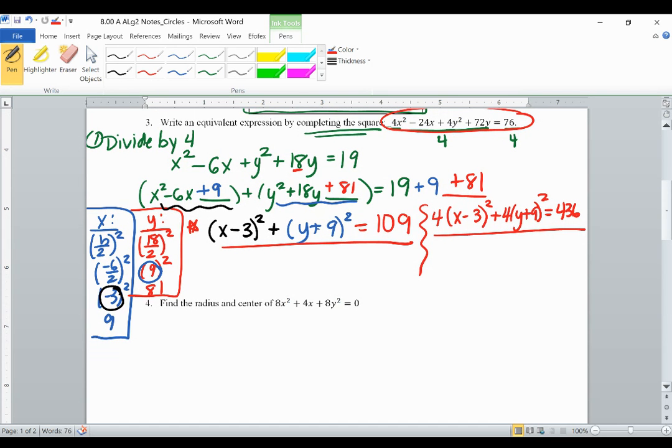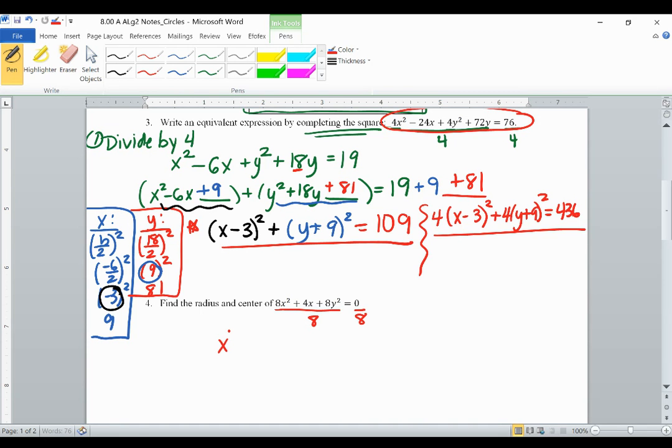Okay, let's try another one. Find the radius and the center given this equation. So for this one, let's start again by dividing everything by 8. So I'm going to divide both sides by 8.